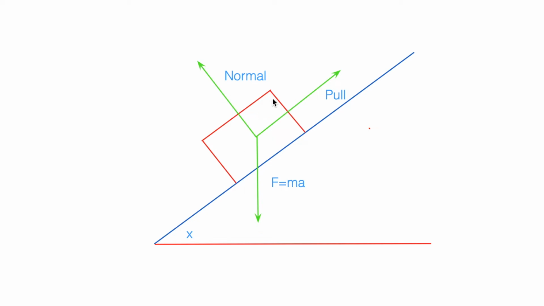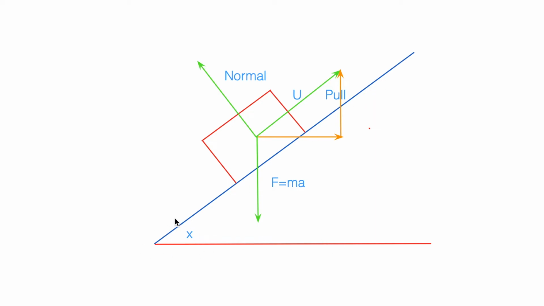For these two green ones, we do need to consider the horizontal and vertical components. So for this pull, we have our horizontal component there, and our vertical component there. Let's say that the amount of force on that is U. So let's look at the horizontal and vertical components of that force. Now, the cool thing here is that this triangle here is similar to this triangle here.